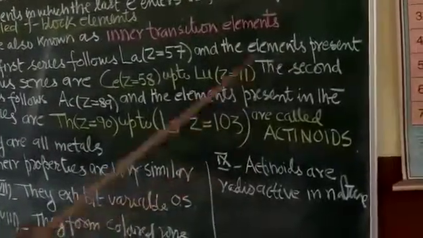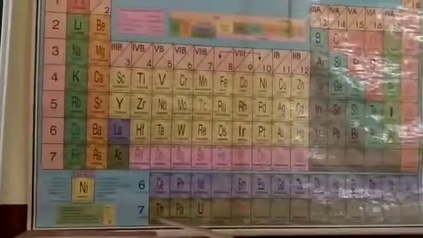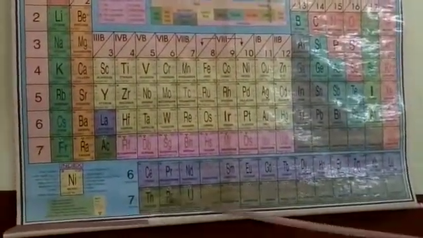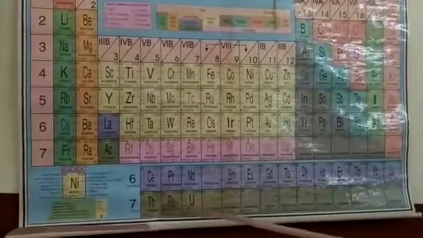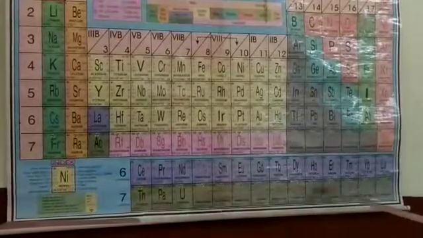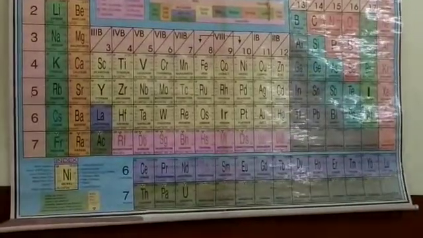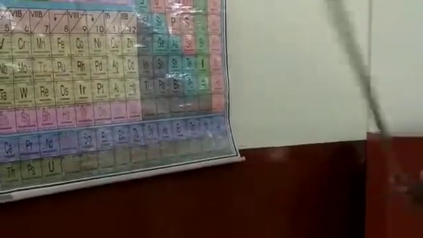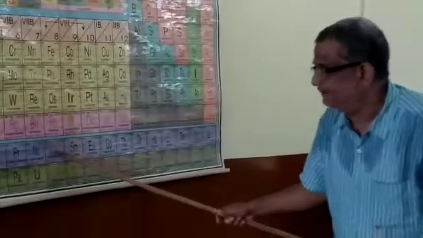Now the last one, very important: all the actinoids are radioactive in nature. See here, from thorium up to lawrencium, they are all radioactive in nature. And remember one very important thing, the only element of the lanthanoids which is radioactive is promethium.